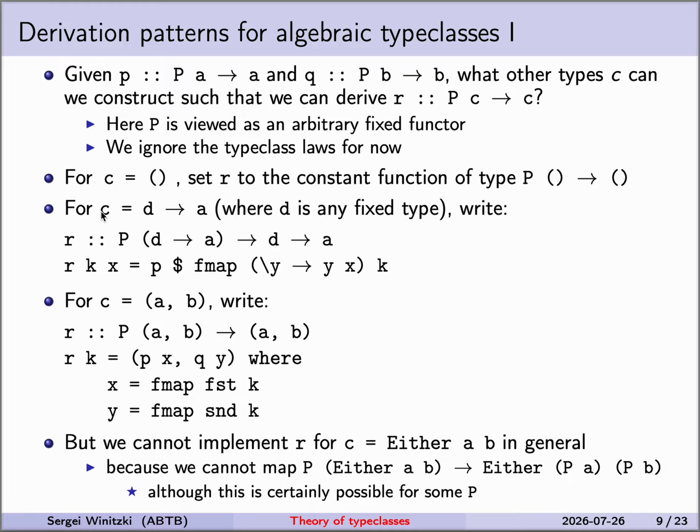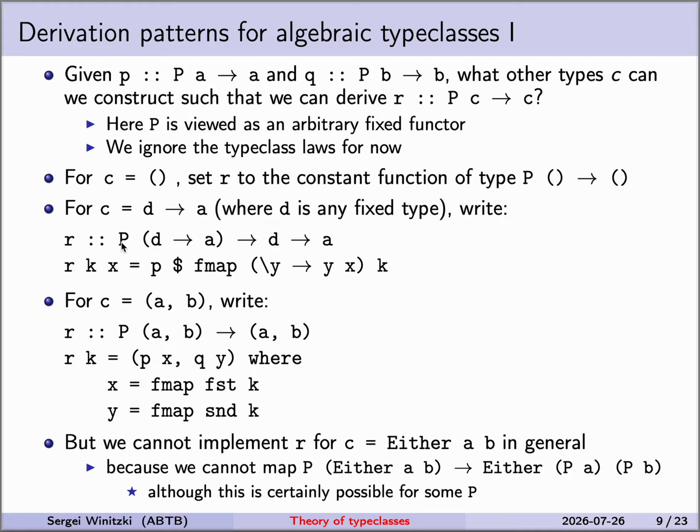The next case is if you have a function from some type D to A, where D is a fixed type that doesn't necessarily belong to the type class, but A does belong to the type class. Then what we need to implement is a function with this type signature, because we are given this P and we want to construct the type class instance for this type now.